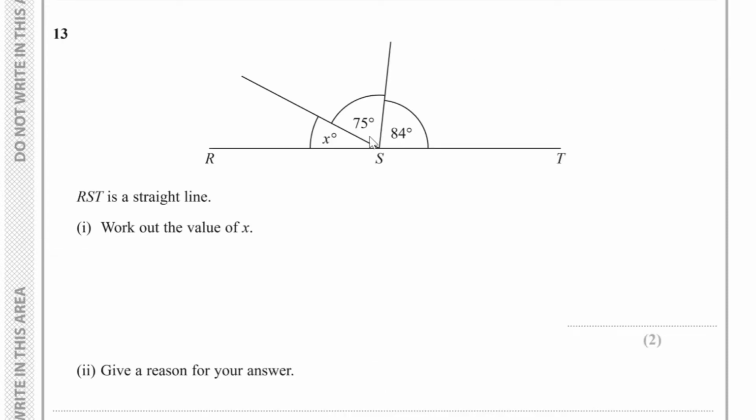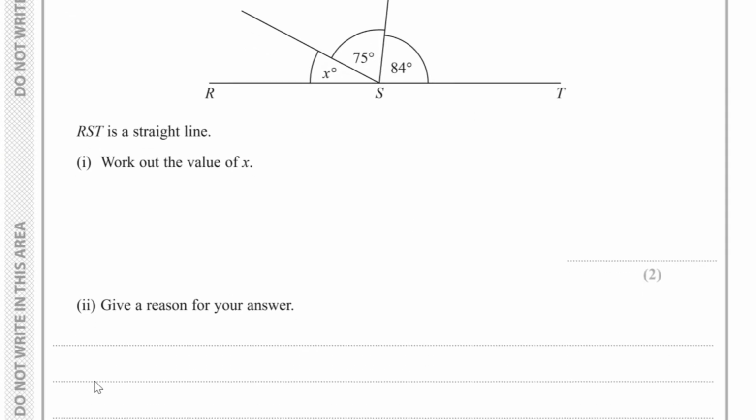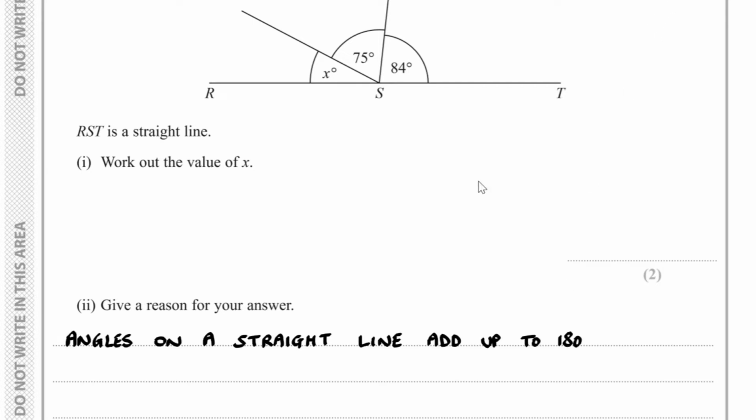Question number 13. RST is a straight line, and what we have to do is work out the value of x. Well, we know that angles on a straight line add up to 180, and so we have x plus 75 plus 84 equals 180.